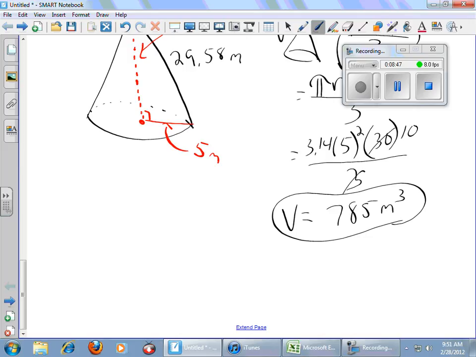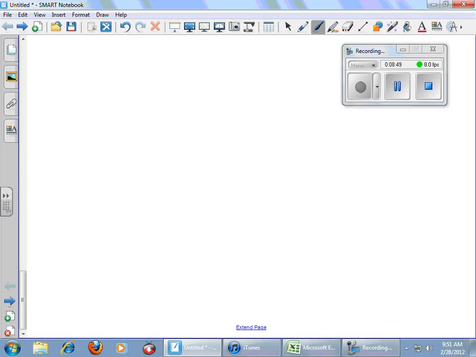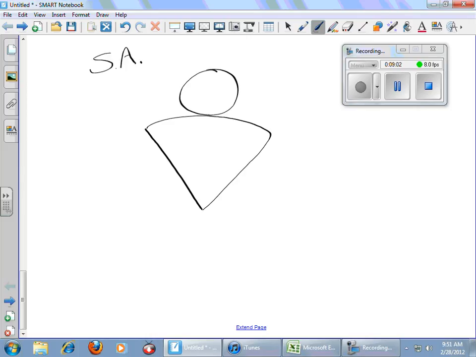Now the surface area is kind of strange, because remember, the flat network for the cone looks kind of like that. And the only way to really see that is to take a cone apart. It's kind of hard to visualize it. All right, so to do the surface area, I'm going to need the area of the circle here, which is pi r squared.